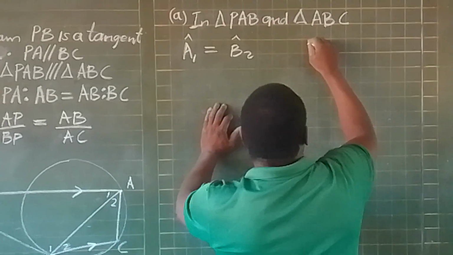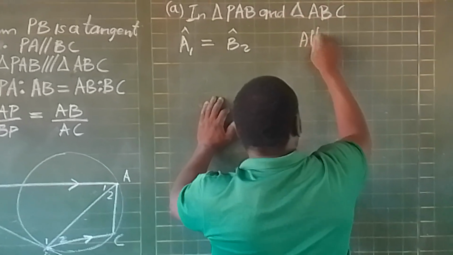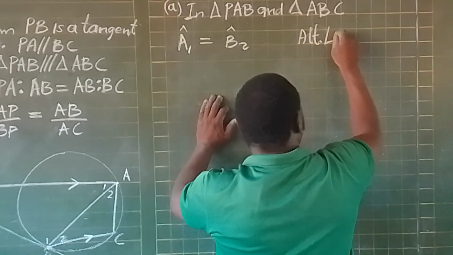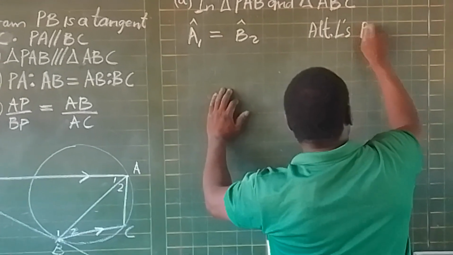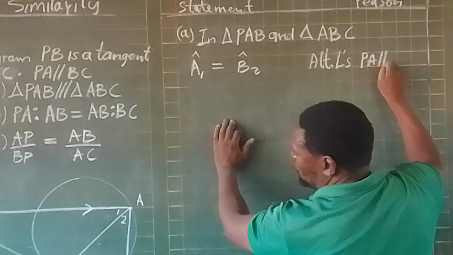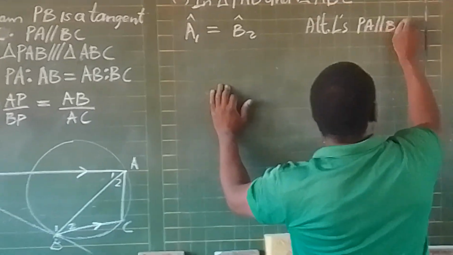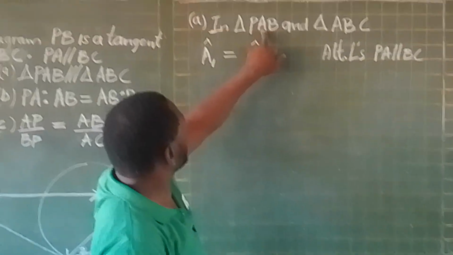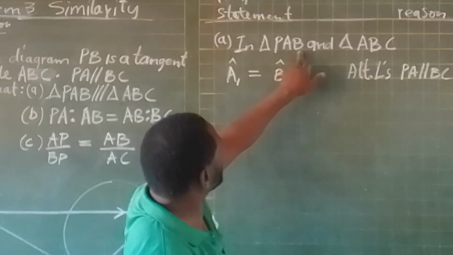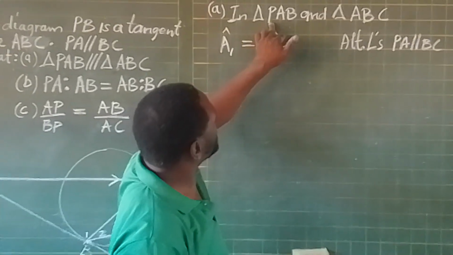Reason: alternate angles, and the condition is PA parallel to BC. So I have taken A, I am left with B and P in triangle PAB.